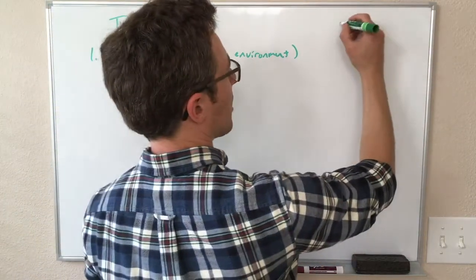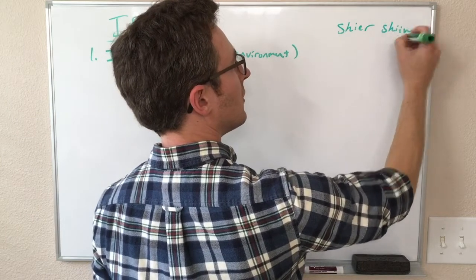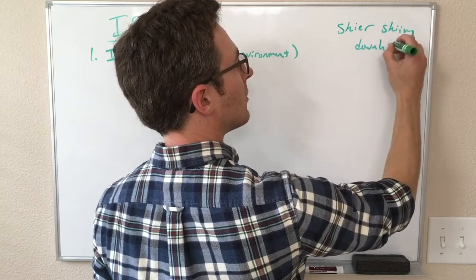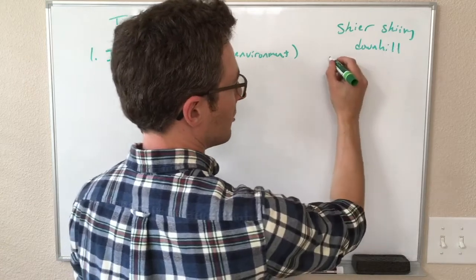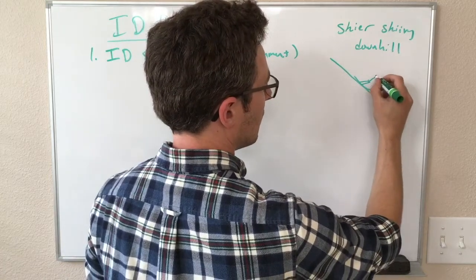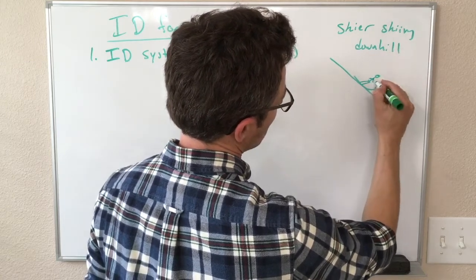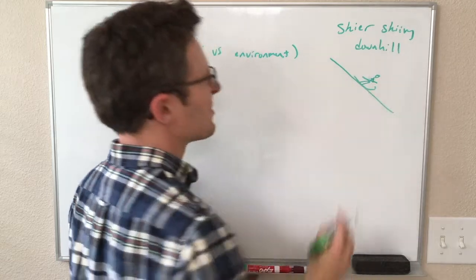So let's say we have a problem with a skier skiing downhill, and maybe we're given a picture that looks like this. We have a skier. Anyway, something like that.